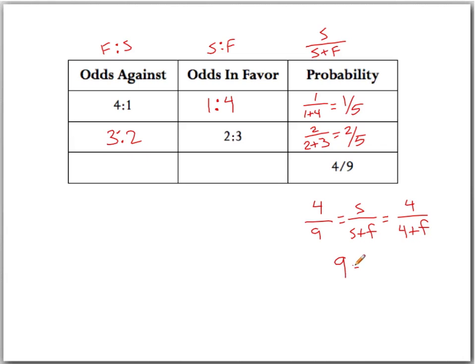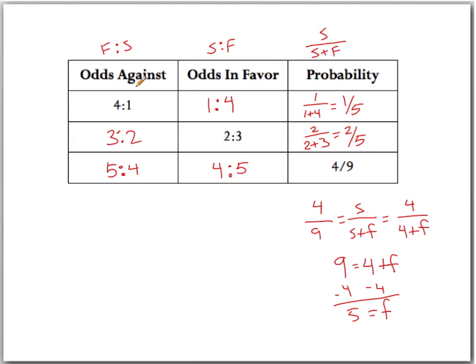So you just go 9 equals 4 plus our failures, subtract 4. So this is how you think about this algebraically. You can also think 4 plus what equals 9, and the answer is 5. So now that I know I have 4 successes and 5 failures, we can write our odds in favor as 4 to 5, and then the odds against would be 5 to 4.